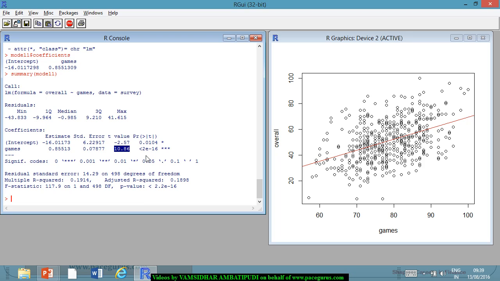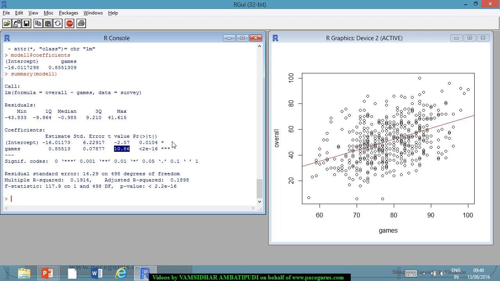Then there is a p value, which is a probability. If I take this t value onto a t distribution table, what is the area under the t table comprising this particular value?